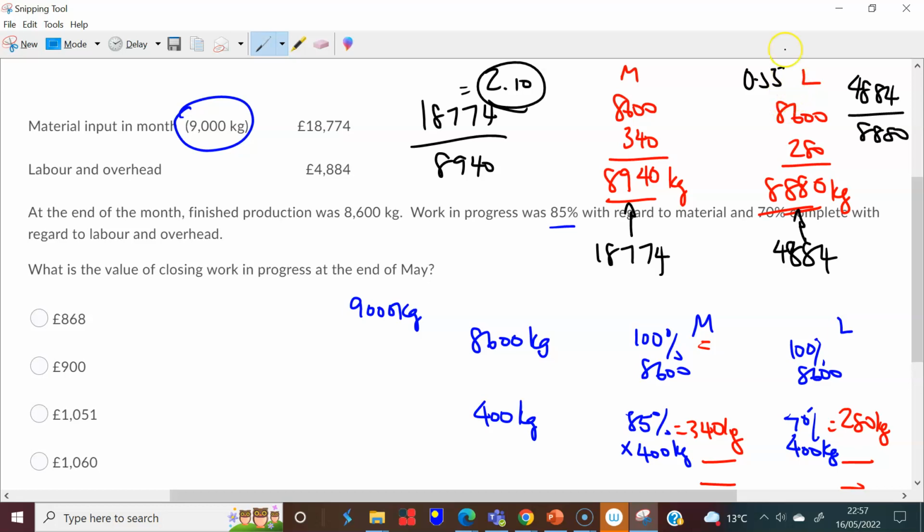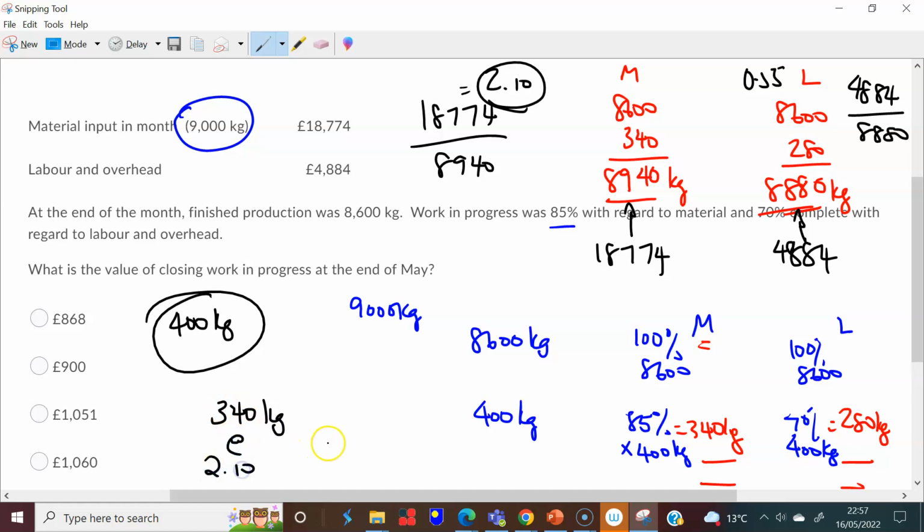per unit of labor. So therefore, it means that 400 kilograms, or partially finished kilograms, because that's what we have here, 400 units of work in progress, which are partially finished, 85% finished in material, 70% finished in terms of labor. But we know what the equivalent units are. It's 340 kilograms of material, so this is at £2.10, plus, of course, you have 280 kilograms in terms of labor at £0.55.